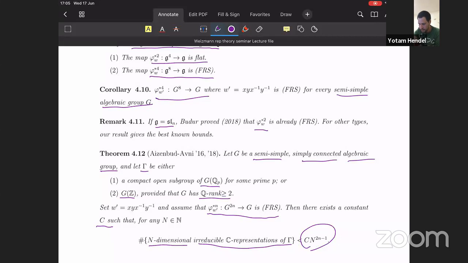So they showed that if you show that the commutator map is FRS after n convolution powers, you get a polynomial growth, a polynomial representation growth where the exponent does not depend on the group. And also they showed that if you take n to be 21, you get that the commutator map is FRS.